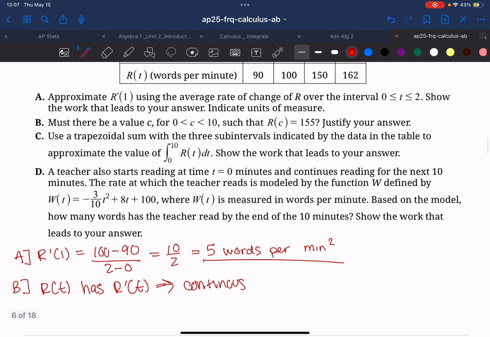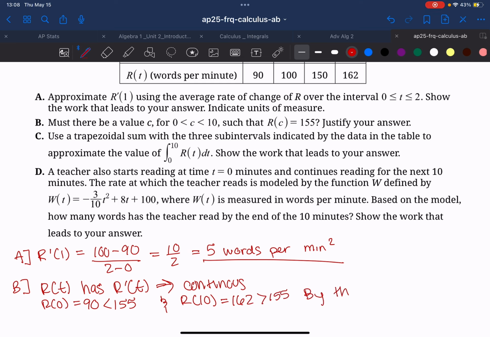I'm then going to check both ends of our r of t values. So for example, I'm going to check r of 0, which is 90, and I see that 90 is less than 155, the value of r of c. And I'm going to check the opposite end, so that's r of 10, which is equal to 162, which is greater than 155.